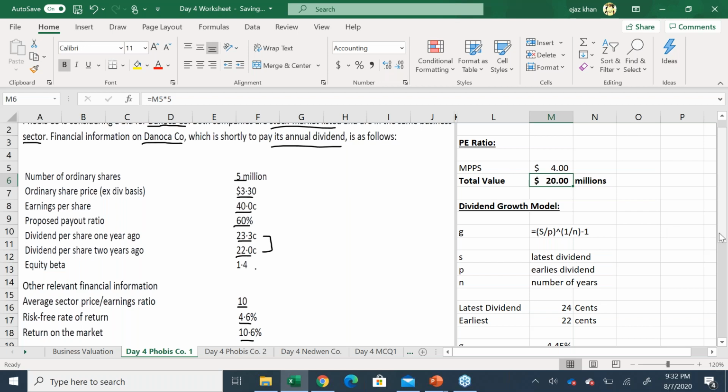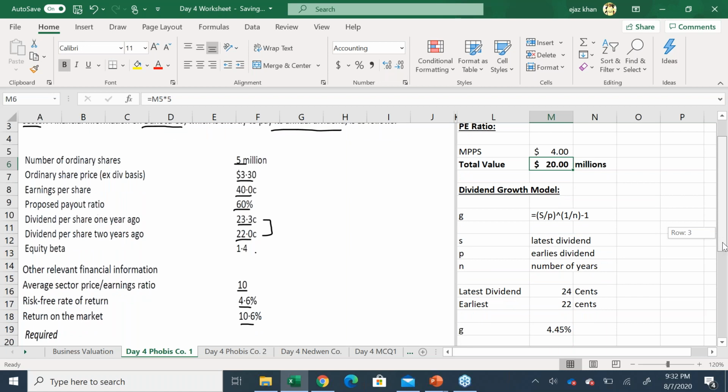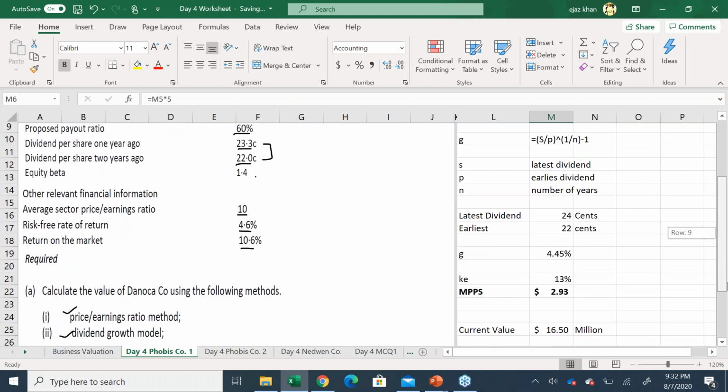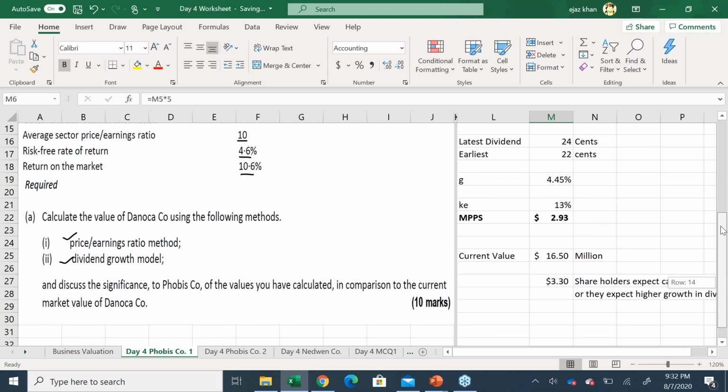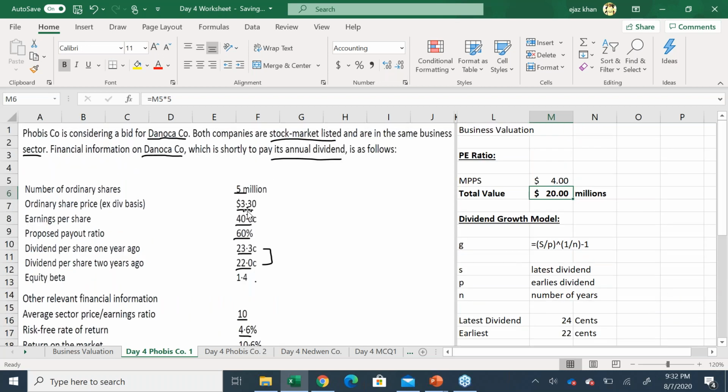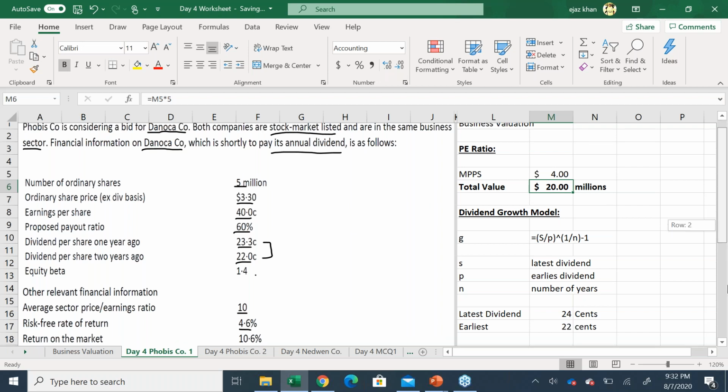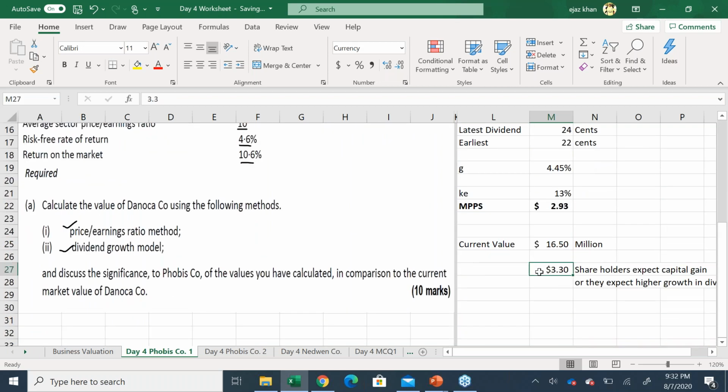Yes, I have discussed the significance, because basically what the examiner meant by asking this question is that if a company already has a price given in the question, $3.3, then what's the point or importance of calculating these values? So I've told them why we should not be using the market price.